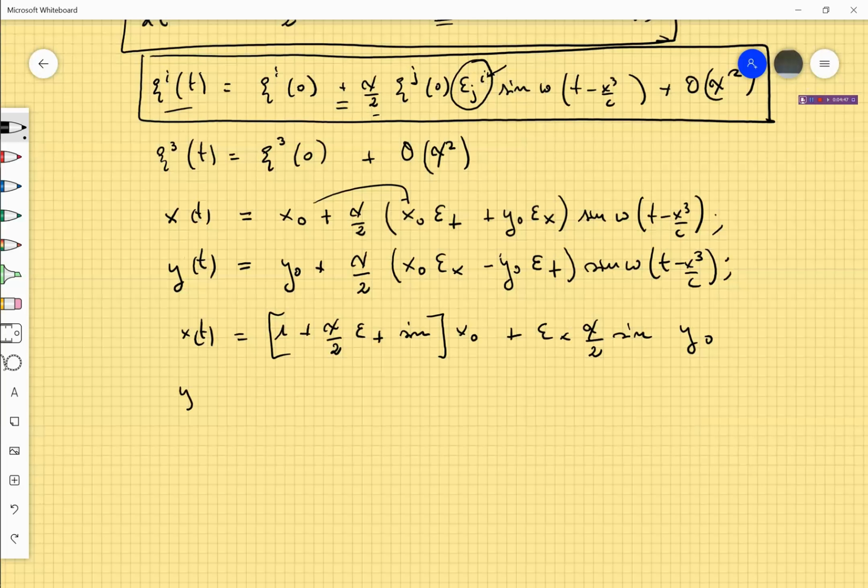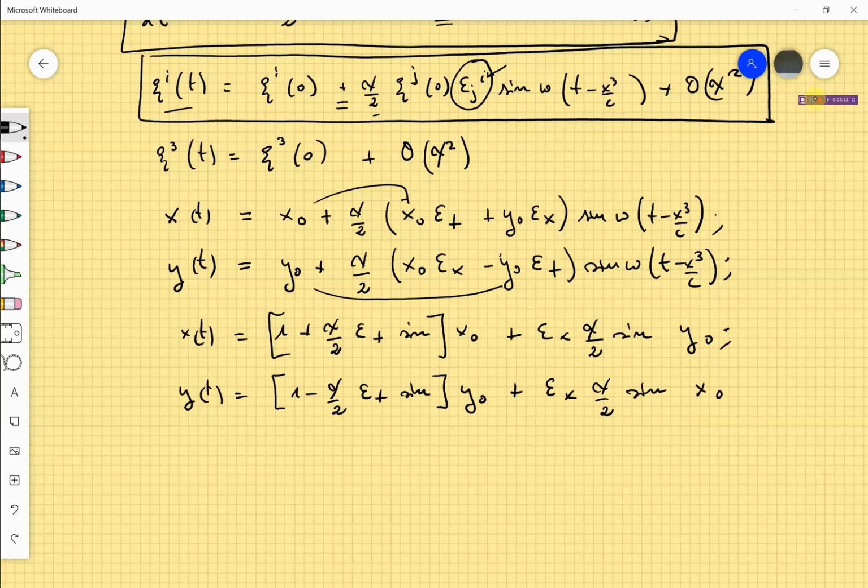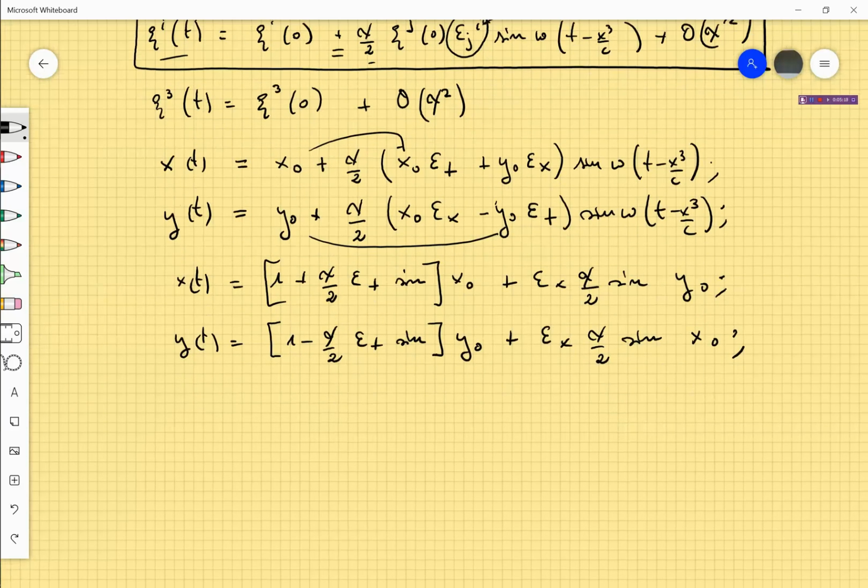We do the same with y. Here we take this as common factor. It is 1 minus chi over 2 epsilon plus, and this sine, y0, plus epsilon x chi over 2 sine, x0, always plus terms of order chi squared that we just don't consider.